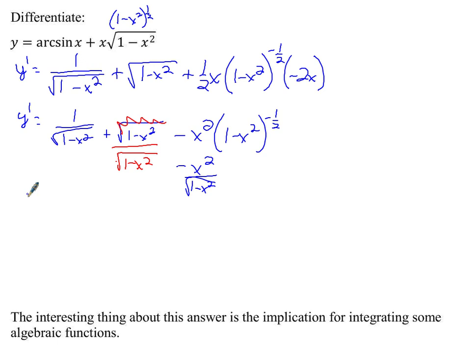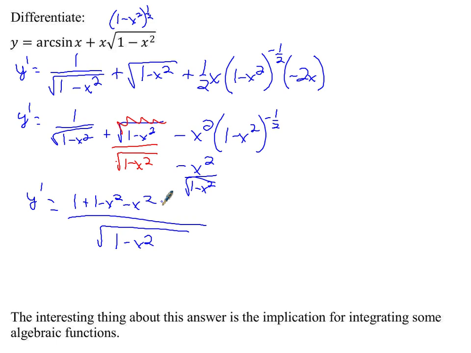Combine everything, okay. y prime equals. 1 plus 1. How about 1 minus x squared in the denominator? We've got 1 plus 1 minus x squared minus x squared. All that equals 2 minus 2x squared over the square root of 1 minus x squared.